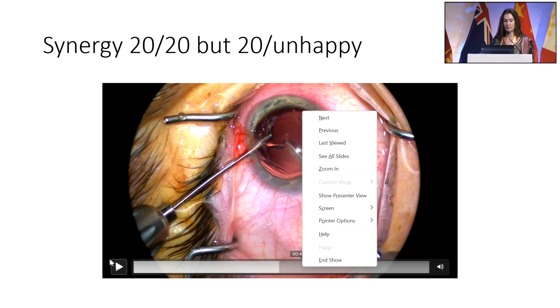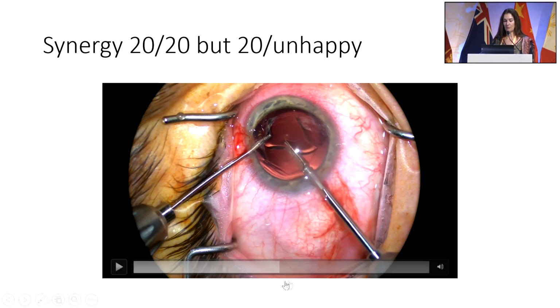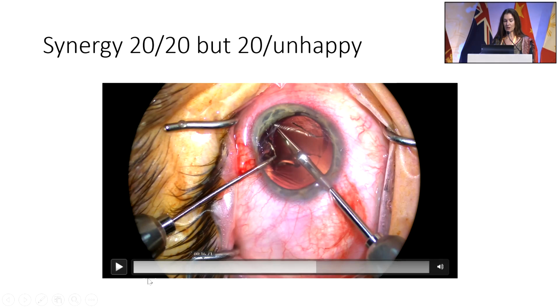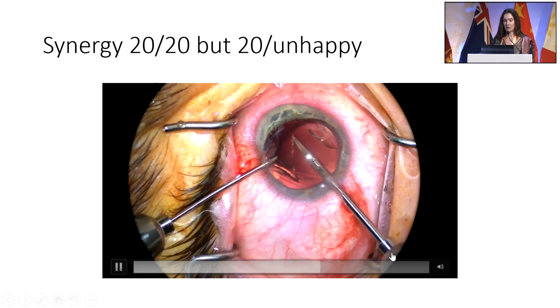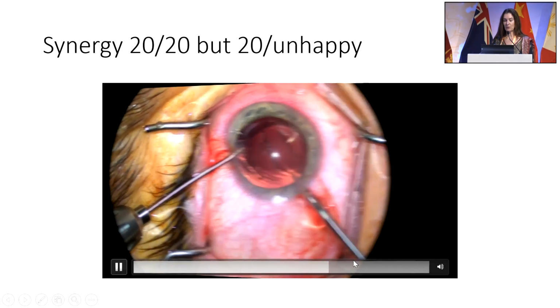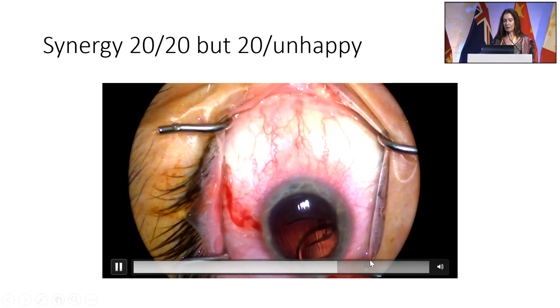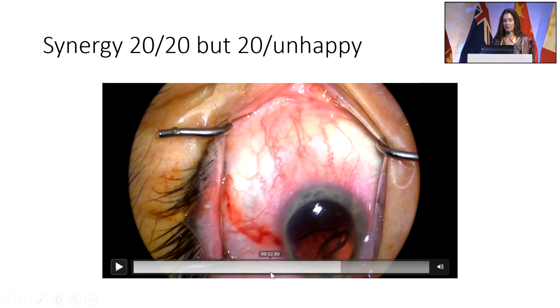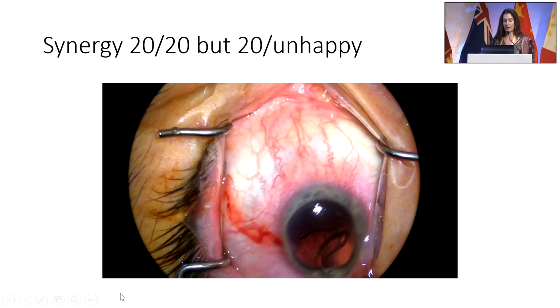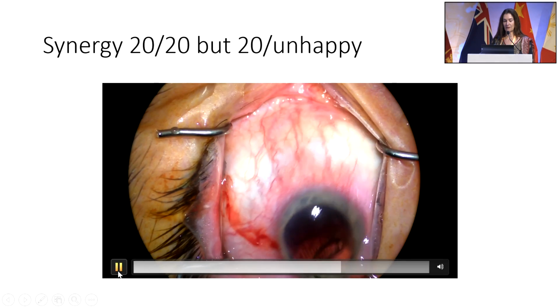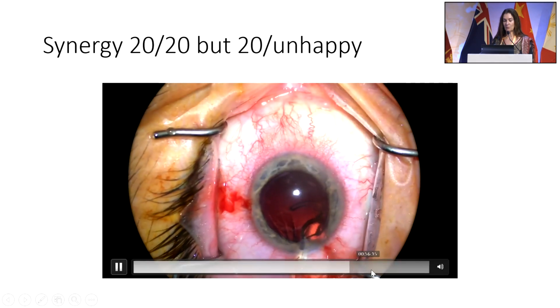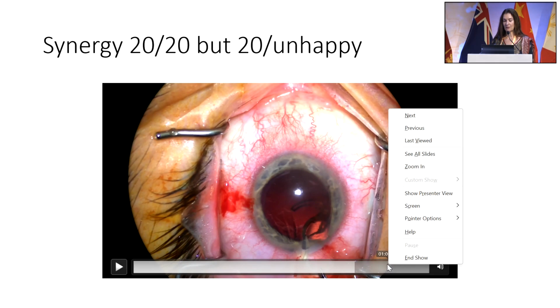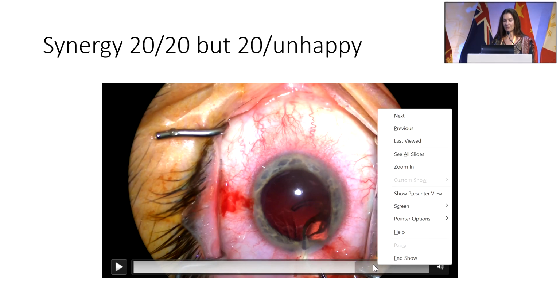I cut partially through, and then I just twist and turn the lens out. And then remove the lens there, and then go ahead.